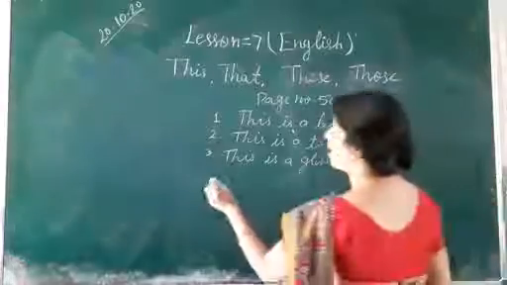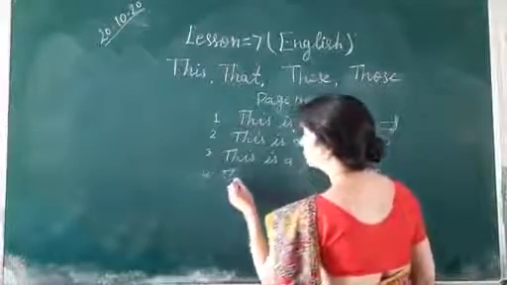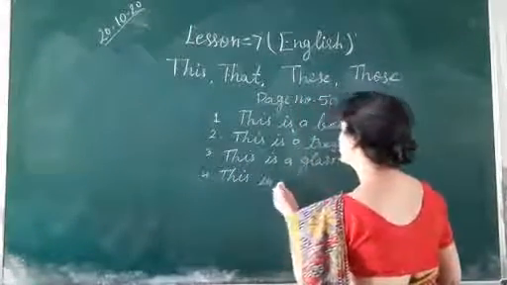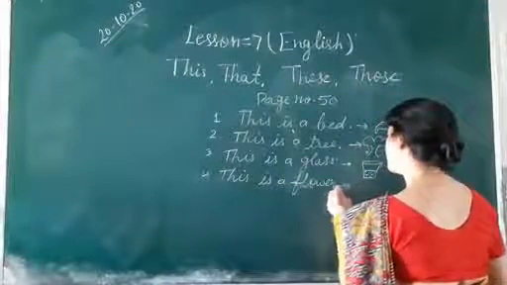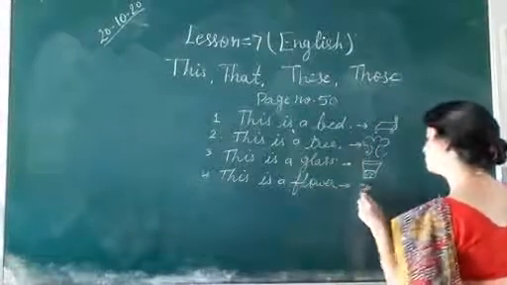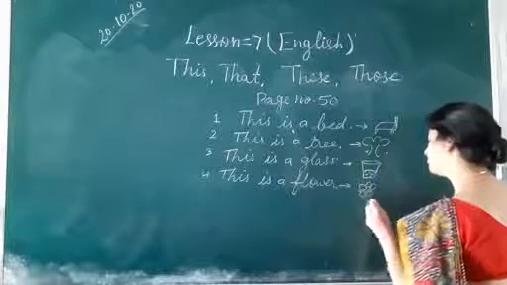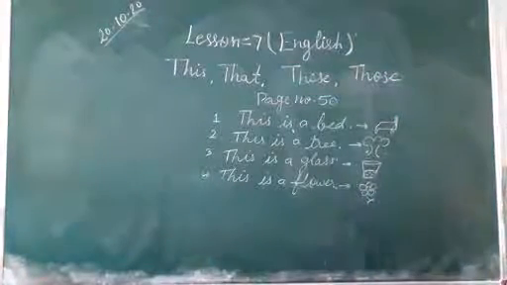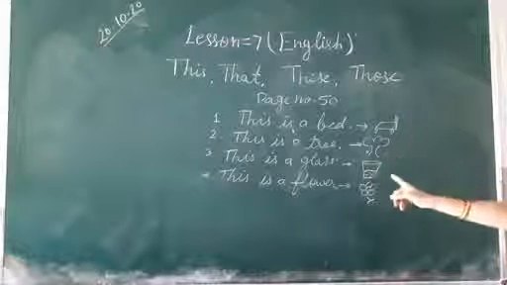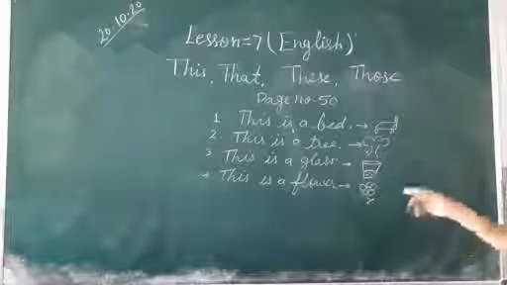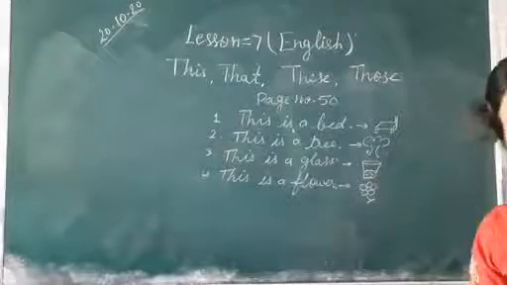This is a flower. You can see this is a bag, this is a tree, this is a glass, this is a flower. All things are near to us.